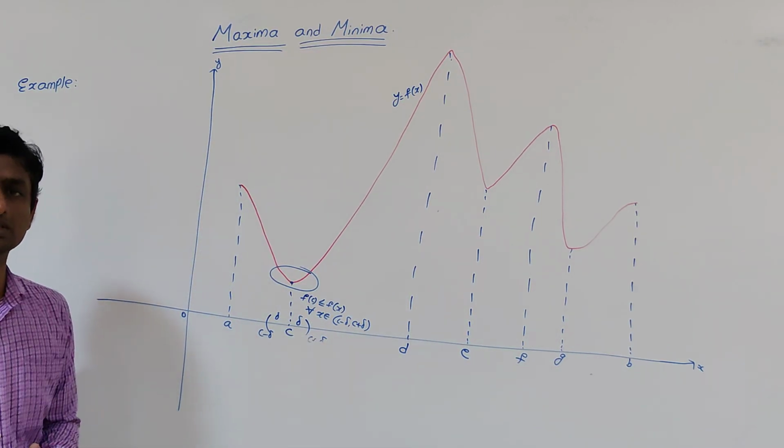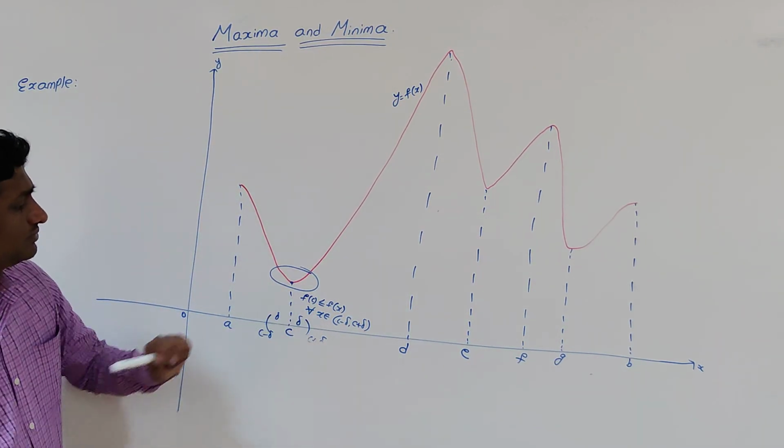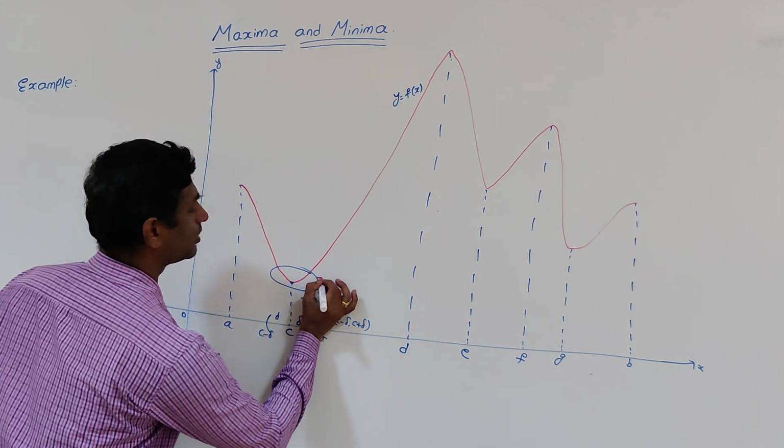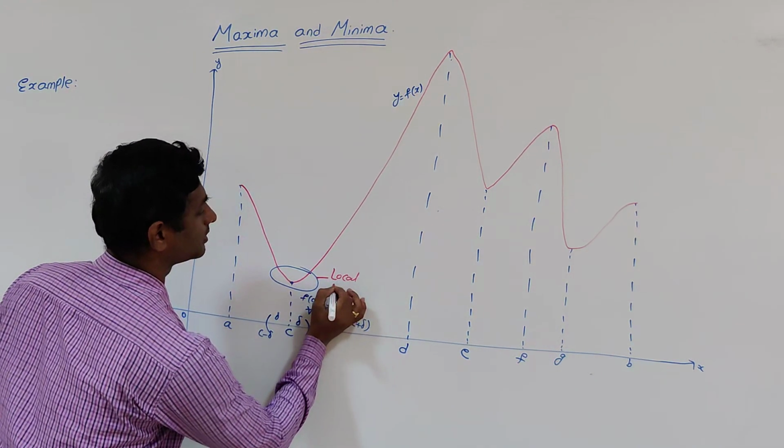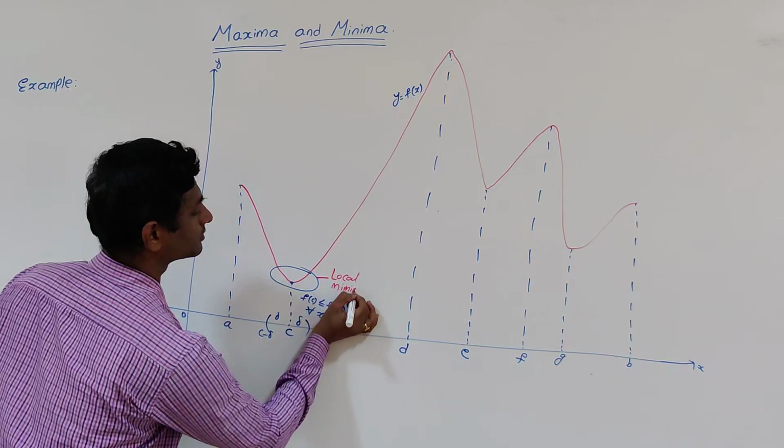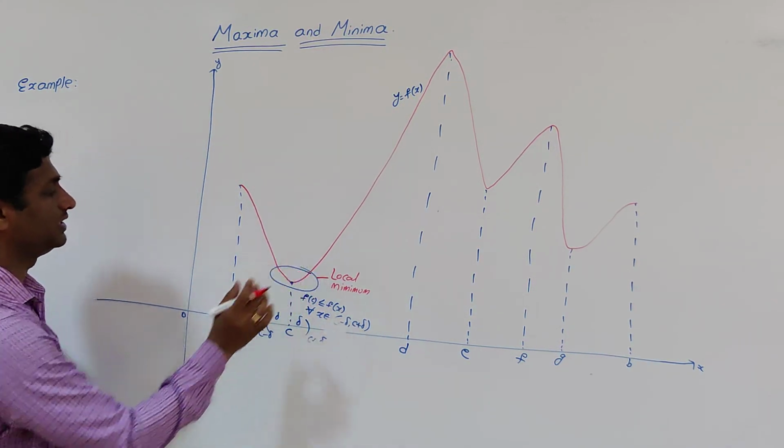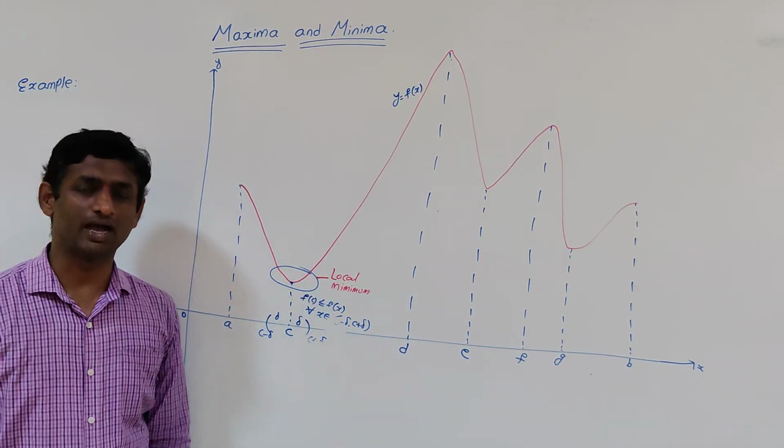Then as per the definition, this f of C is called local minimum. Means f of C is the local minimum value.